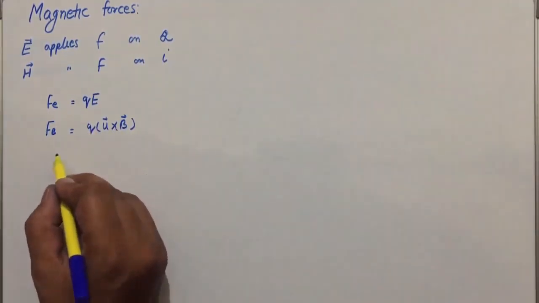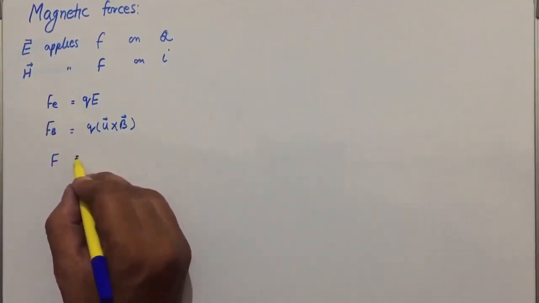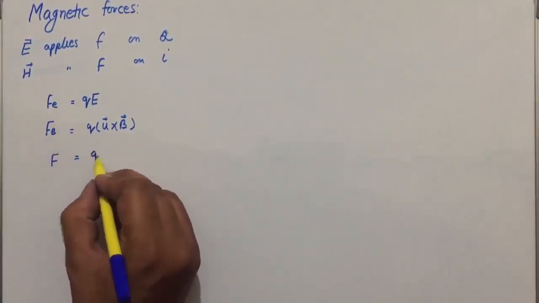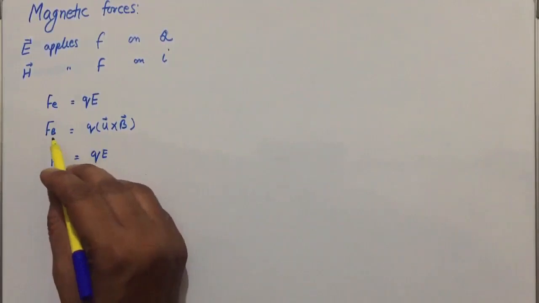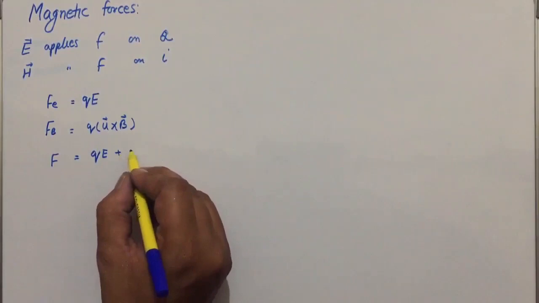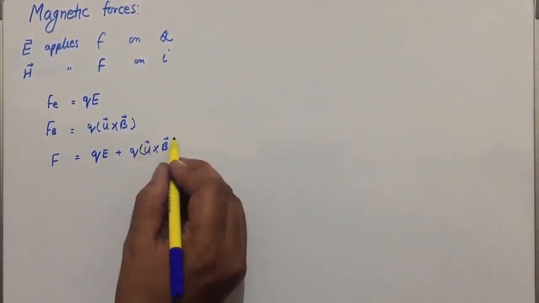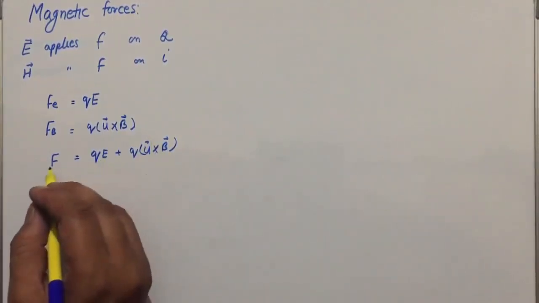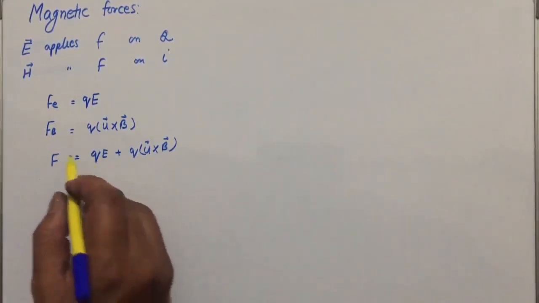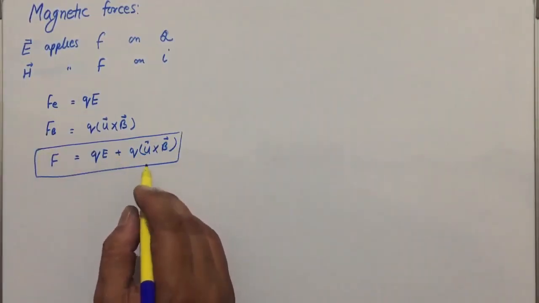If we wish to find the total force acting on the moving charge in the magnetic field, then due to the electrostatic force it will be QE, and due to the movement, the force will be QU cross B. The combination of these two will be experienced when the charge is moving in a magnetic field. This is known as the Lorentz force.